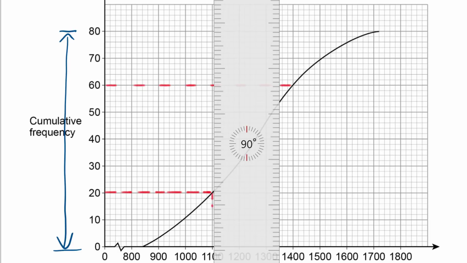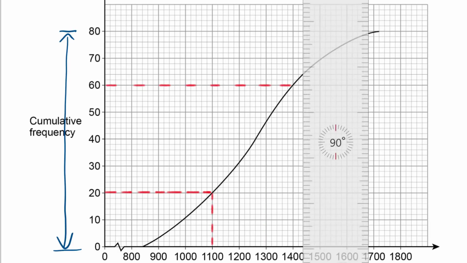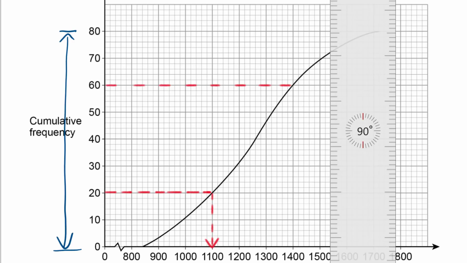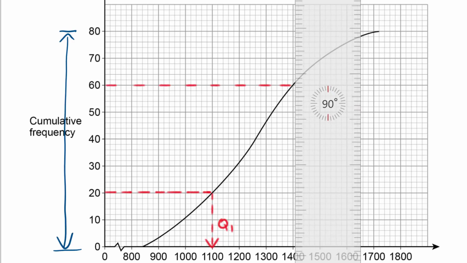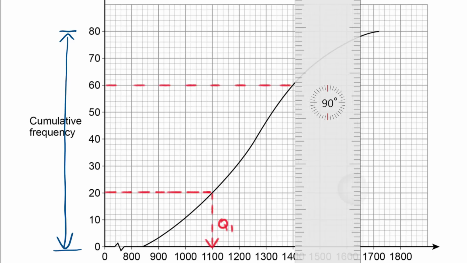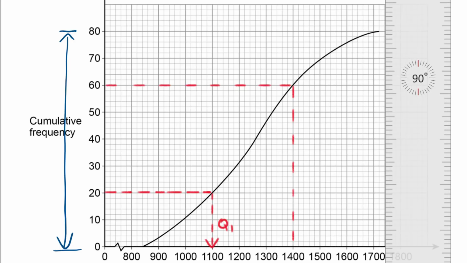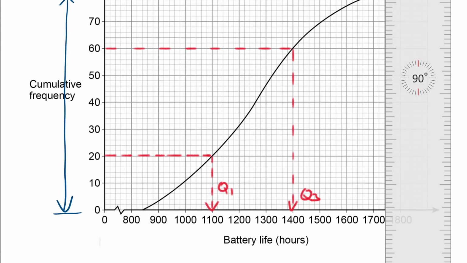So that's Q1, my lower quartile. My upper quartile is here. That's Q3, which is 3/4 of the way through.